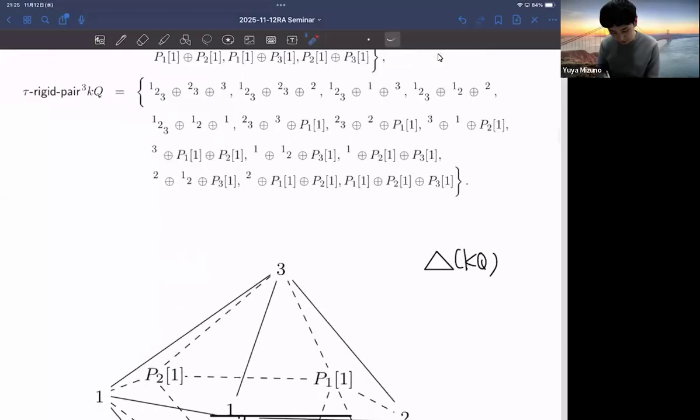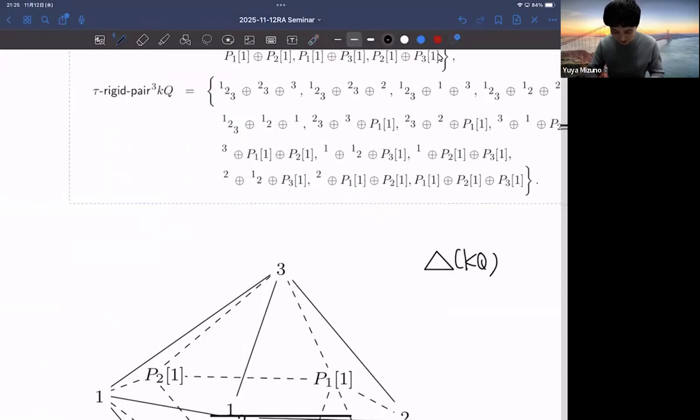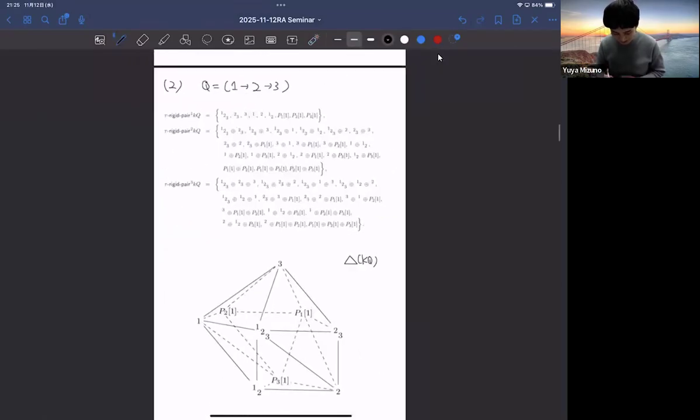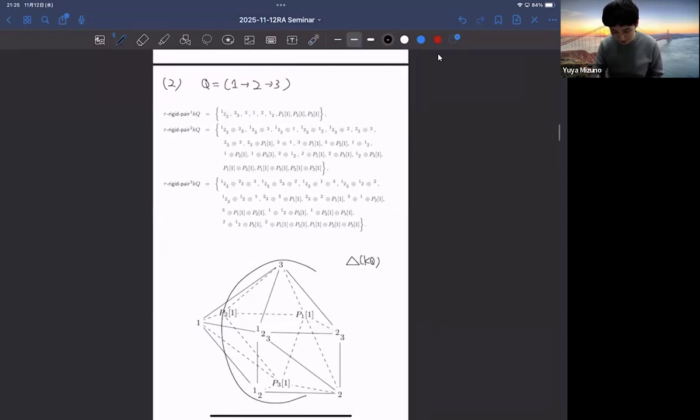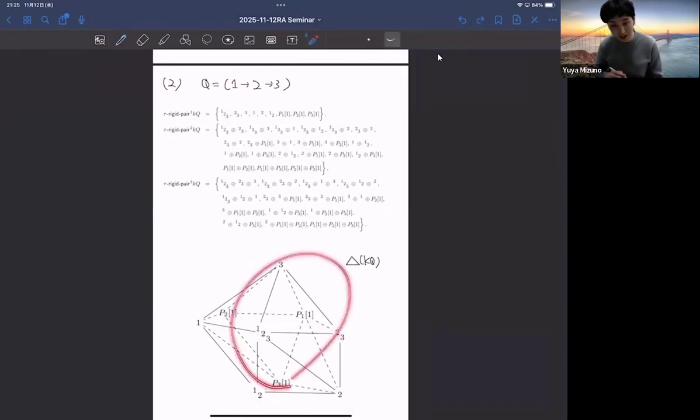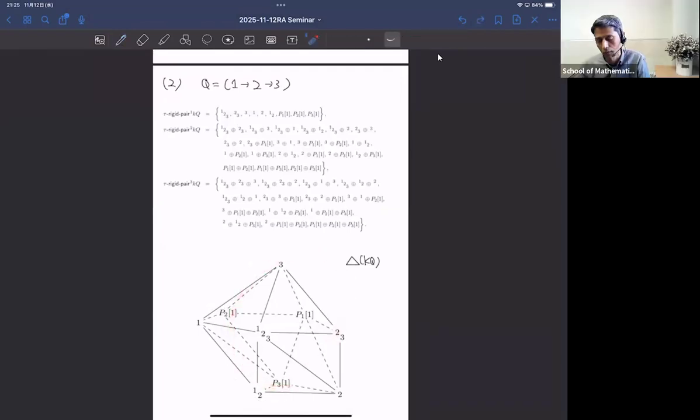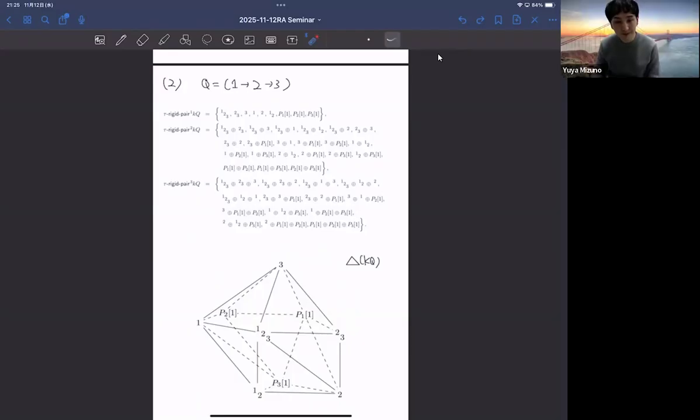In some sense, some part of this picture is the tilting module. So it's a generalization of that simplicial complex.